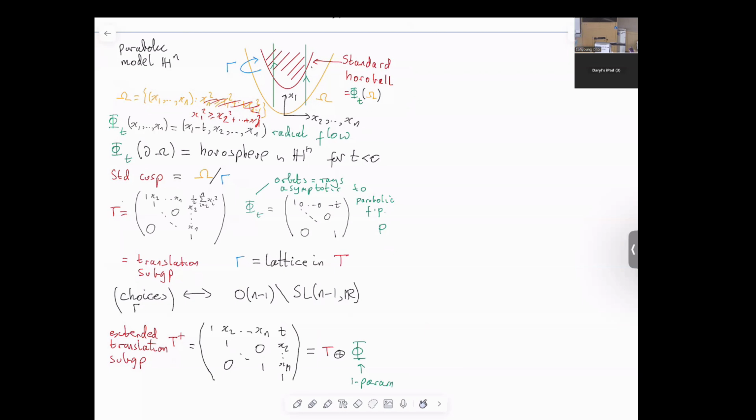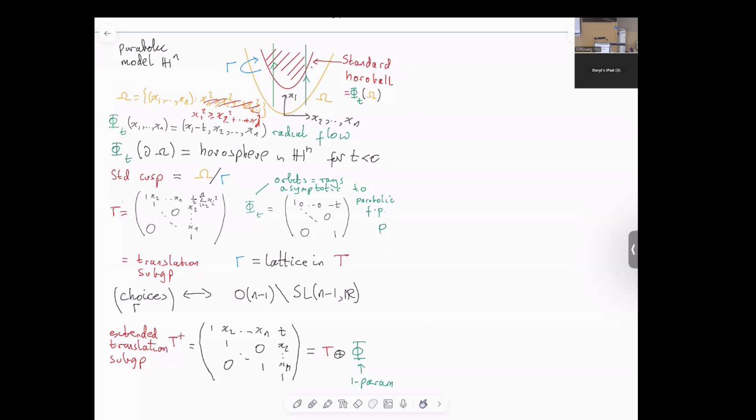And so the group of parabolic transformations is a group of dimension n-1. It's a Euclidean group R^(n-1). You can enlarge it to be a group of one bigger dimension by adding onto it this radial flow group, the group of vertical translations.